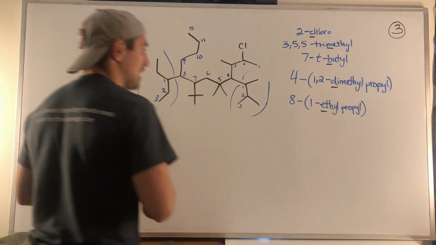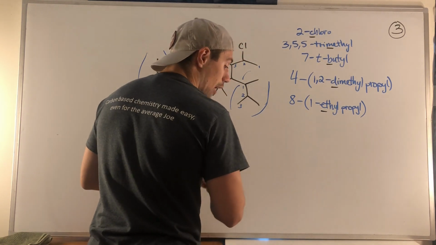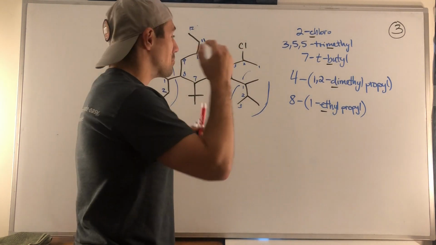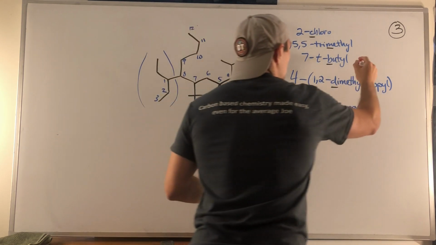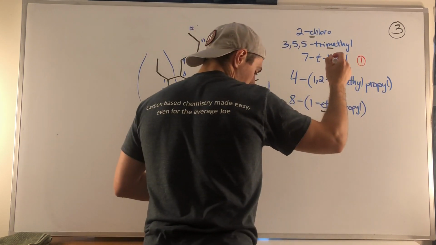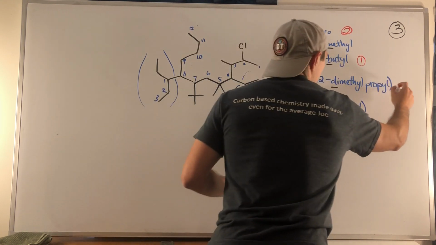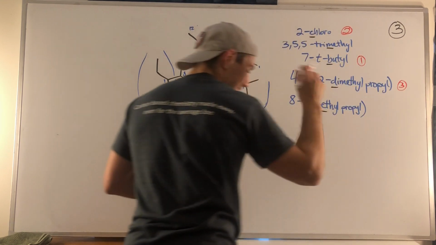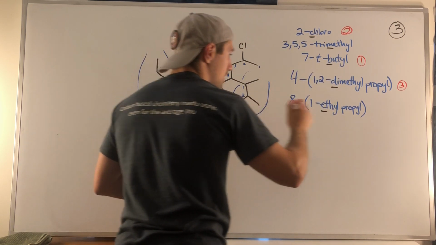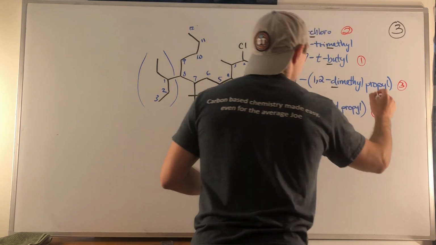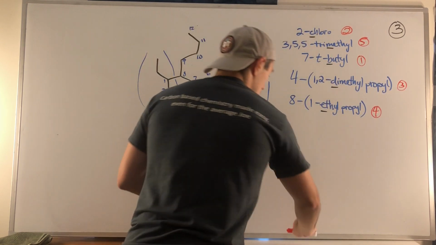The D in dimethyl and the E in ethylpropyl. So the alphabetizing works out with butyl taking first, chloro taking second, the dimethylpropyl taking third because D counts in the alphabetization, then the E in ethylpropyl, last but not least the M in trimethyl.